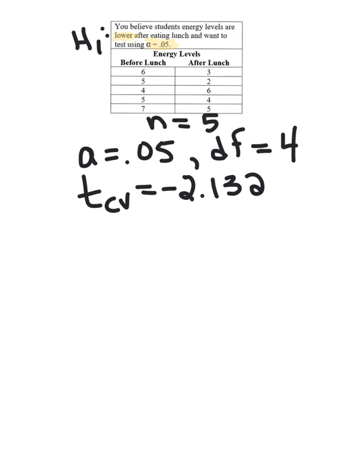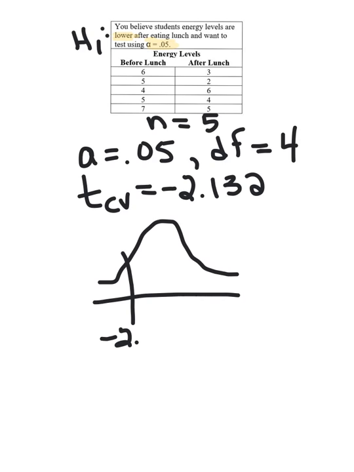So here's our distribution. We're only putting it in this corner, negative 2.132. This is where things are going to be significant, anywhere over there, if our t-test falls in that direction. So now let's go through and start getting our calculations that we need.